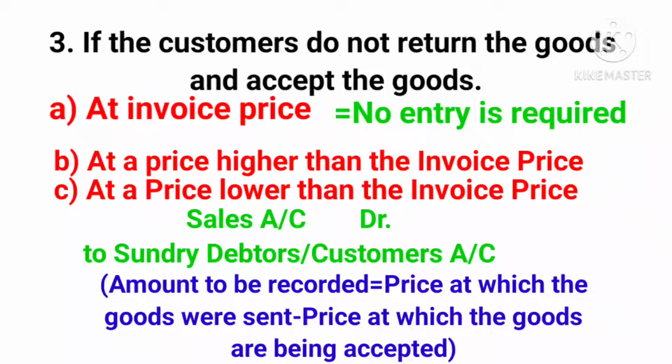In such cases, the sellers agree to reduce the invoice price of the goods sent and make such adjustment entries to ascertain the actual sales and actual liabilities of the sundry debtors. Such adjustments are made as reversing of earlier entries.